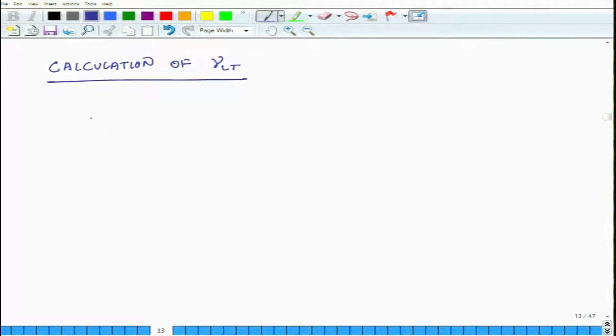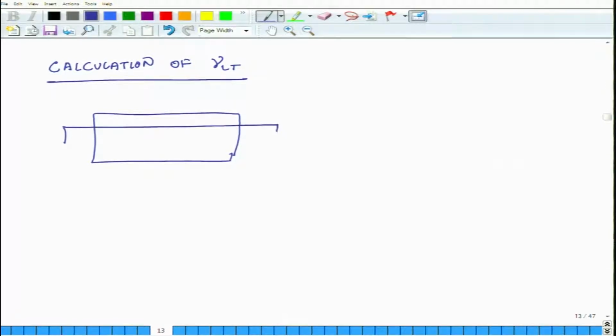So, we will make that picture one more time. You have the composite, and after I have pulled it, it becomes longer and it becomes slimmer.